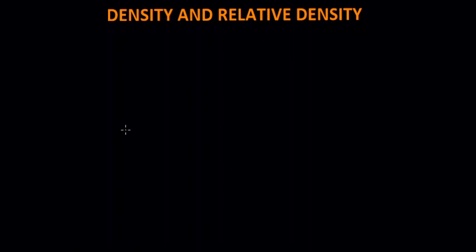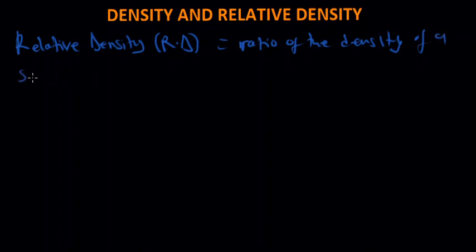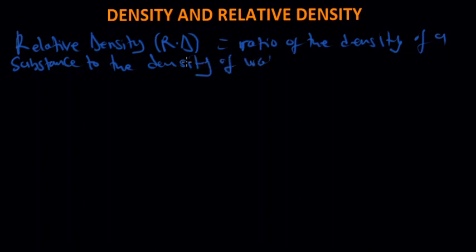Relative density, mostly represented by RD, is the ratio of the density of a substance to the density of water.